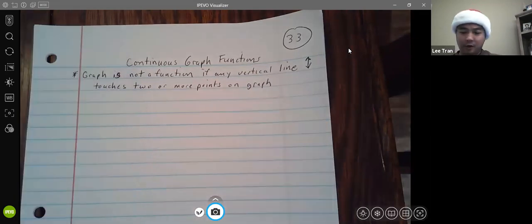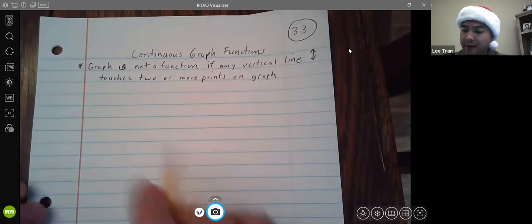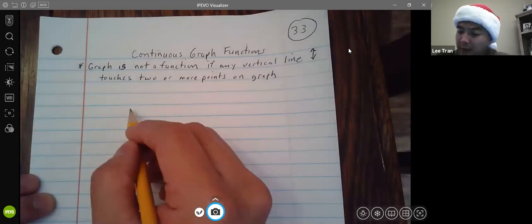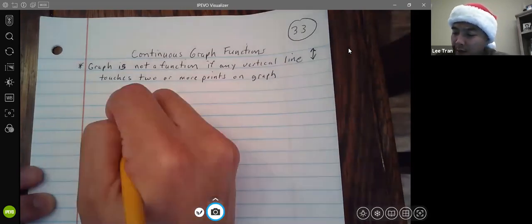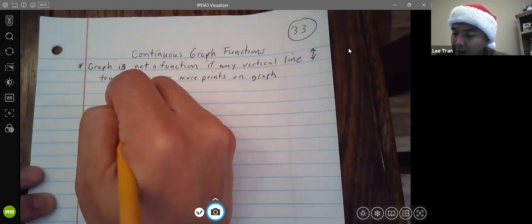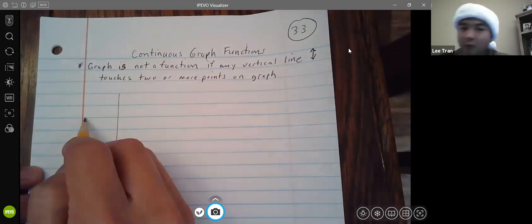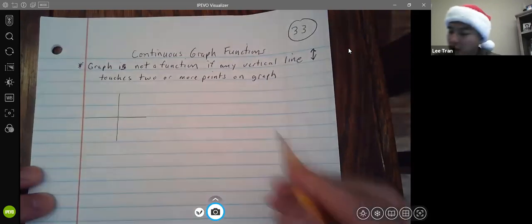All right, so I'm gonna skip a line and I'm gonna draw three small coordinate planes, and you'll kind of see what I mean here. Each coordinate plane is going to be 4 boxes tall.